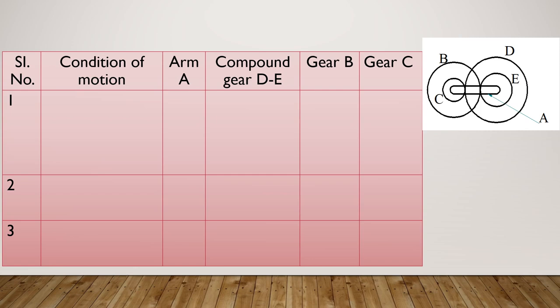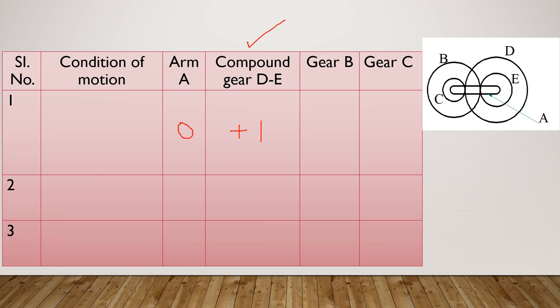So whenever you have a compound gear, it is advisable to give that one rotation to the compound gear because this will simplify your equation. What you're going to get at the end will get simplified if you give the one rotation to compound gear DE. So always, whenever we have a compound gear, give that plus one rotation to this compound gear. This will be 0, since you're fixing the arm, and this rotation you have to give to the compound gear.